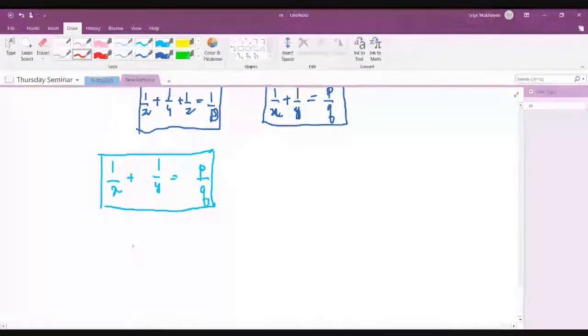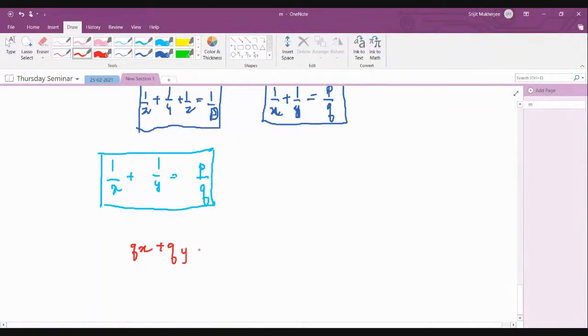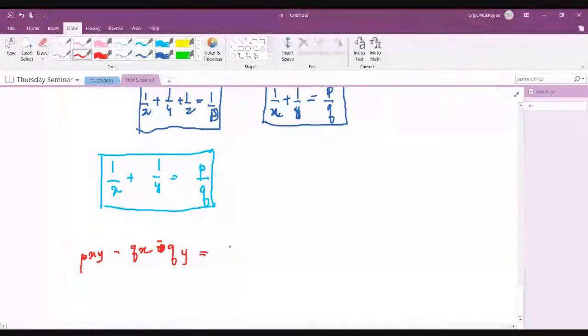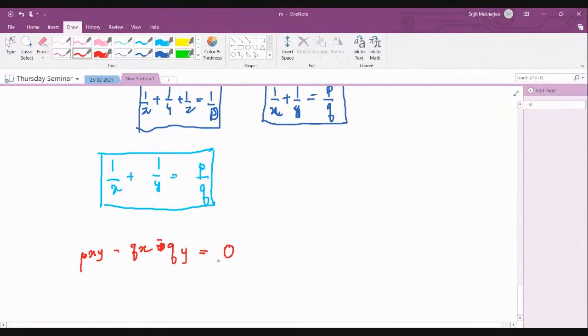Let's see if we can do it with the same approach.